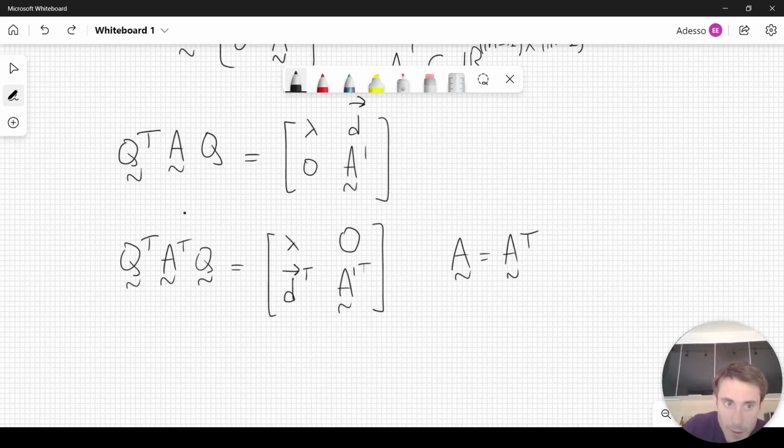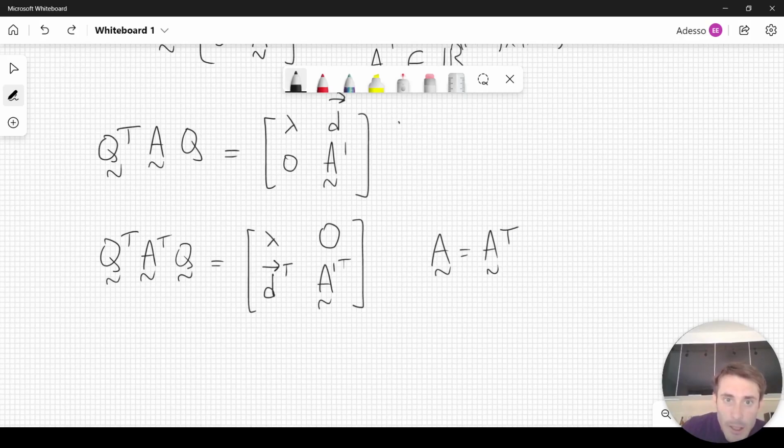Because if A is equal to A transpose, this will be equal to this, right? But now the equality between these two matrices implies that D should be equal to the 0 vector, because otherwise this will not be equal to this. And also we have to set A prime equal to A prime transpose.